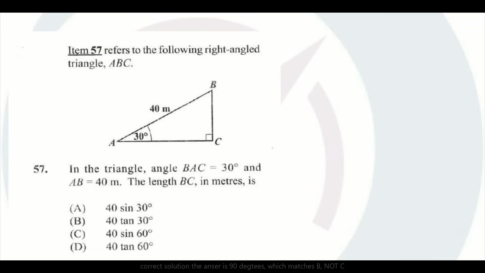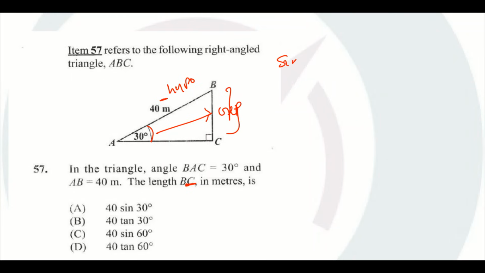Item 57 refers to the following right angle triangle ABC. In the triangle, angle BAC is 30 and AB is 40. I want to find the length of BC in meters. So we have the opposite side and the hypotenuse. What trig ratio has the opposite and the hypotenuse?